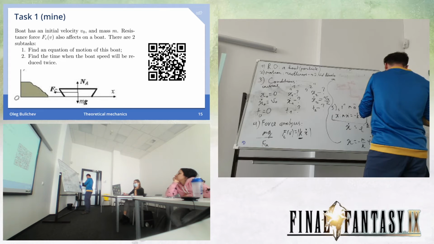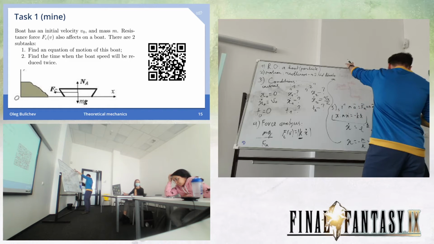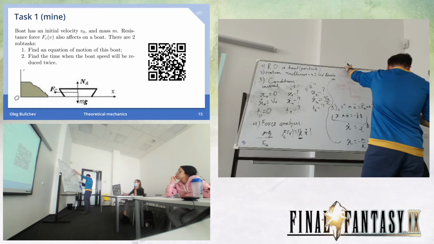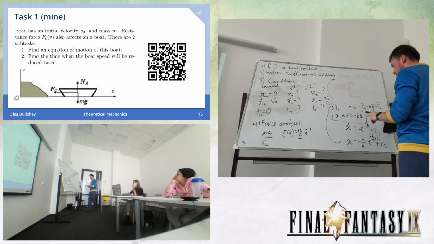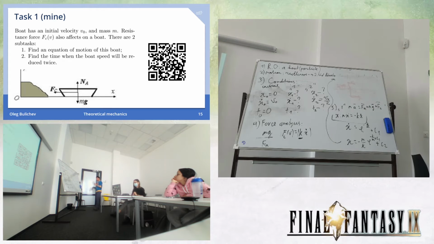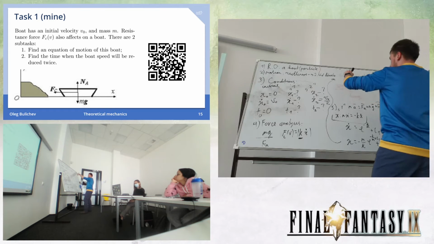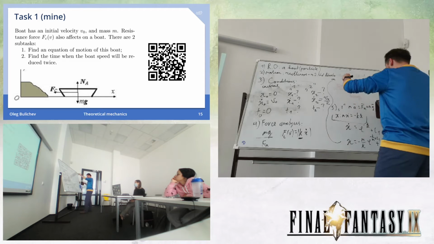C2 is our additional position. We didn't find the equation yet, my mistake, because we can put f equal to 0.